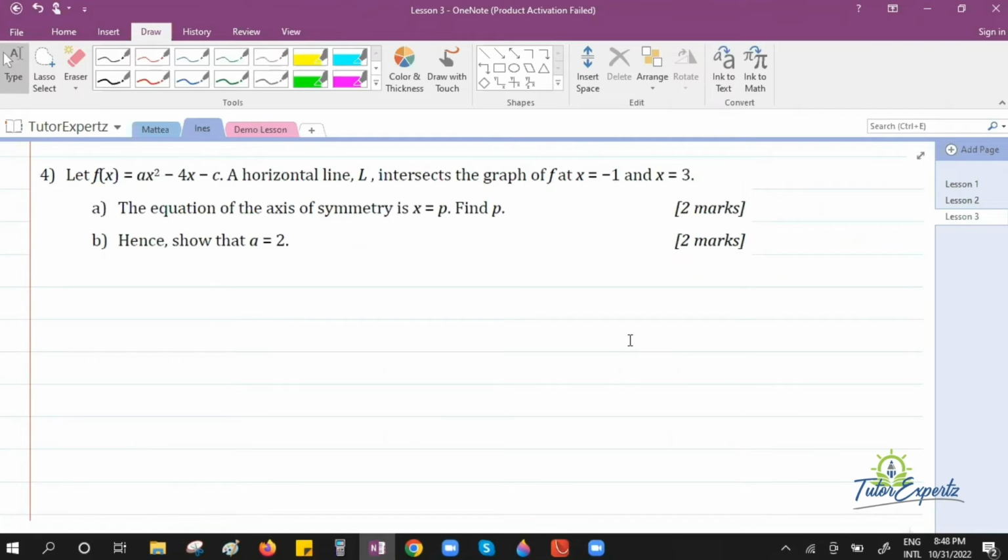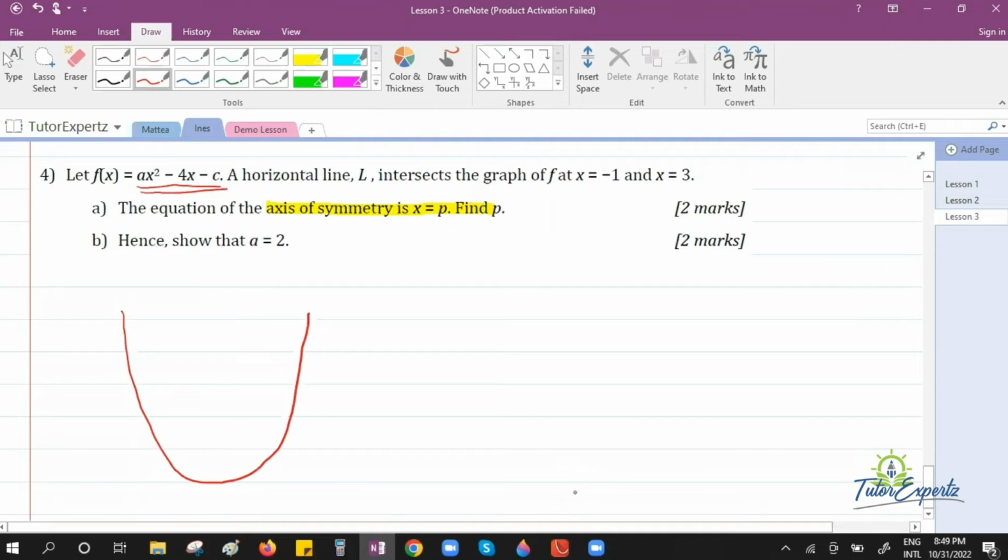Once again, it's the same concept that has to be used, of the axis of symmetry. Let's talk about it once again. So we again have a quadratic function. My quadratic function could be something like this, or it could be something like this, right?